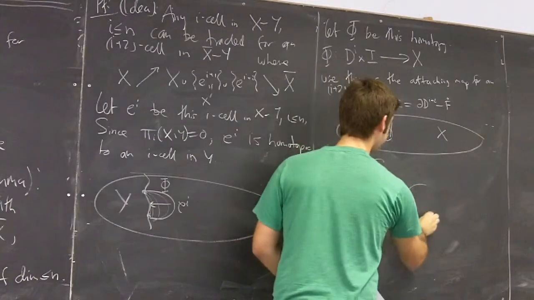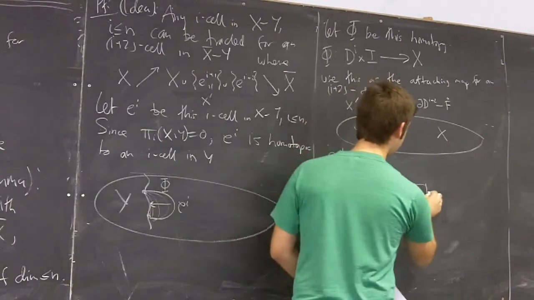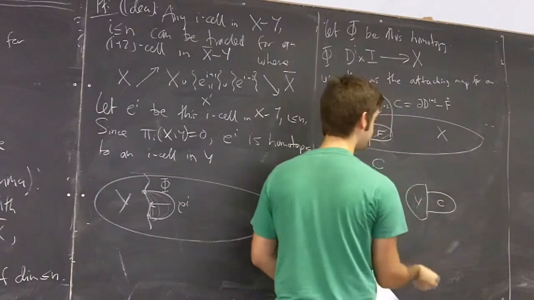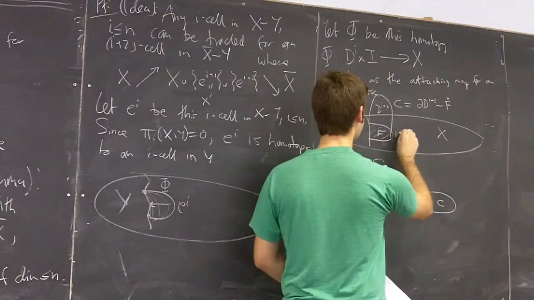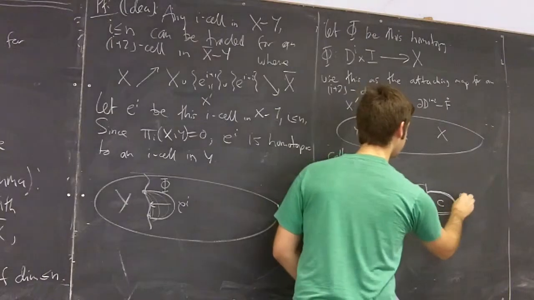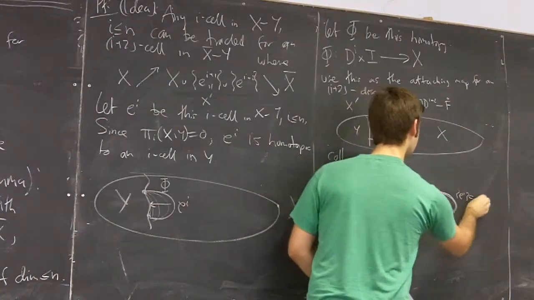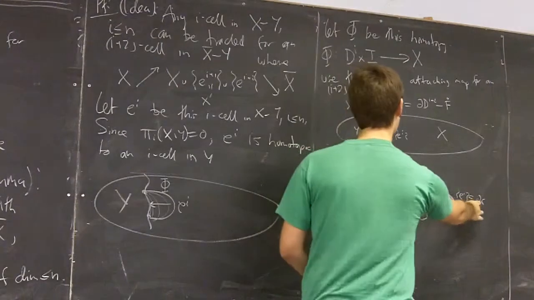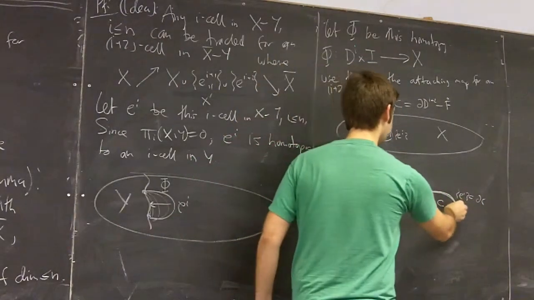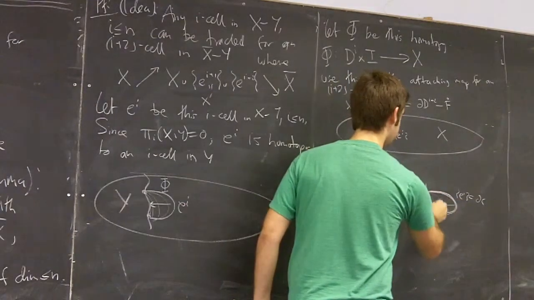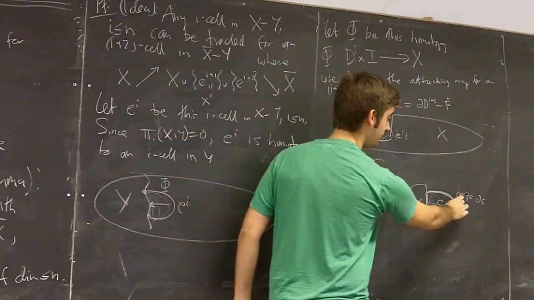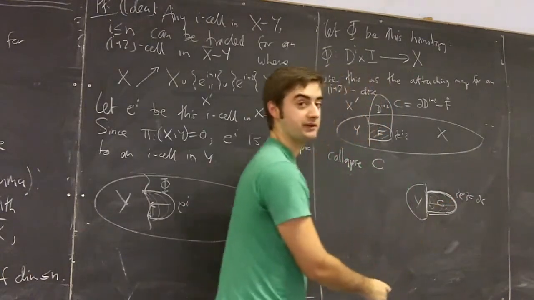We've got Y, then we've got C, and the boundary of C is this part, which was our EI, and then there's the part in the boundary which is attached directly to Y. And the idea is to collapse C like this, and this then collapses this I cell EI to Y and gets rid of it.